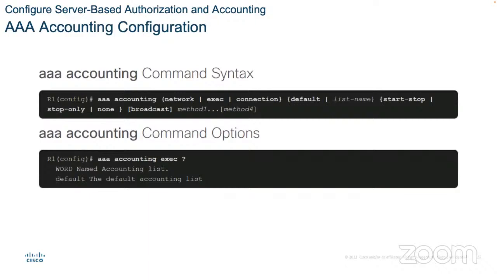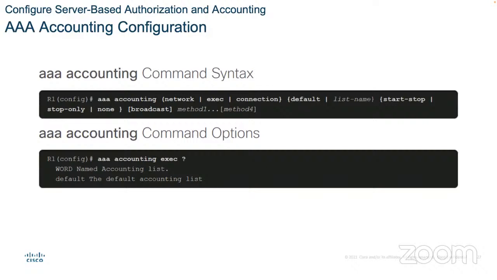Accounting, like I said, enables usage tracking. When it's enabled on a server, that will be the repository for that information. Each session that is established can be fully accounted for and stored on that server.